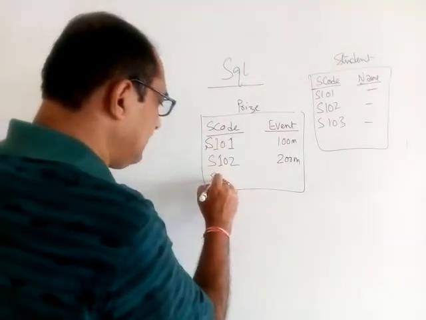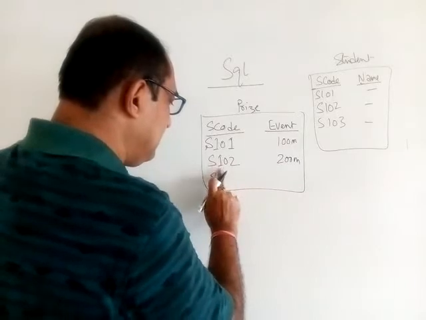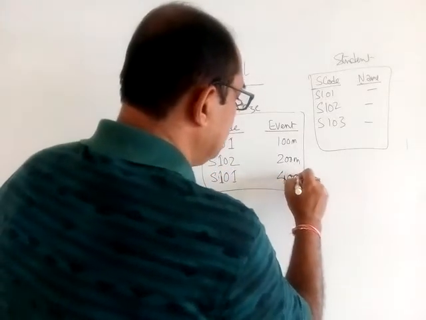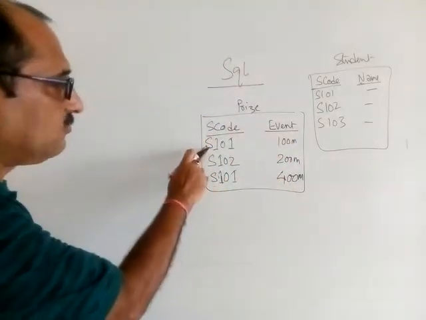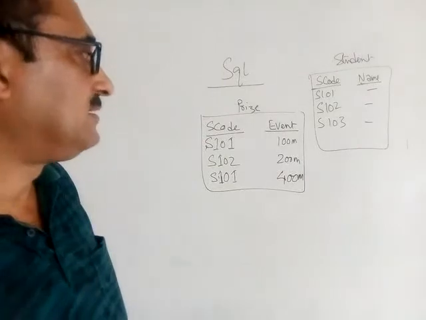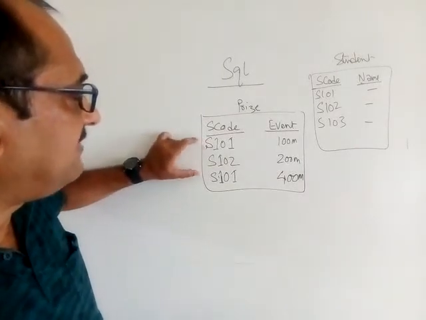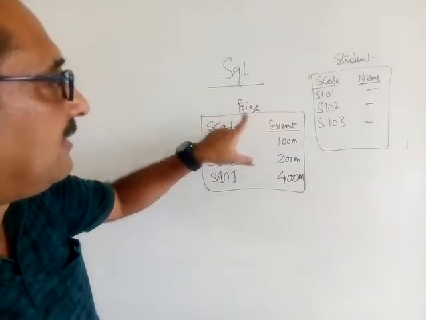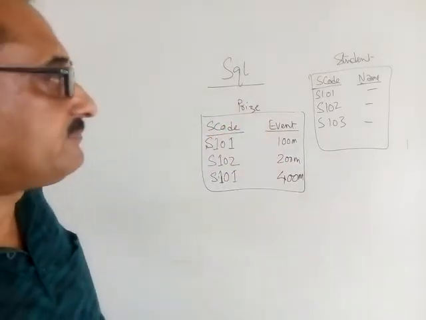Say S101 won 100 meters and also he is the winner in 400 meters. So in this table we can see that S101 is repeating twice. Look at this very carefully, this is a perfect case where a single column primary key is not possible.